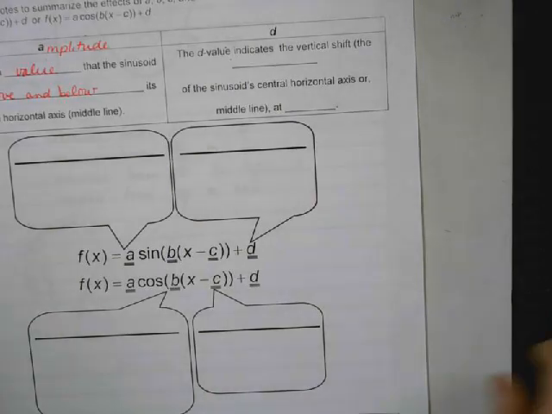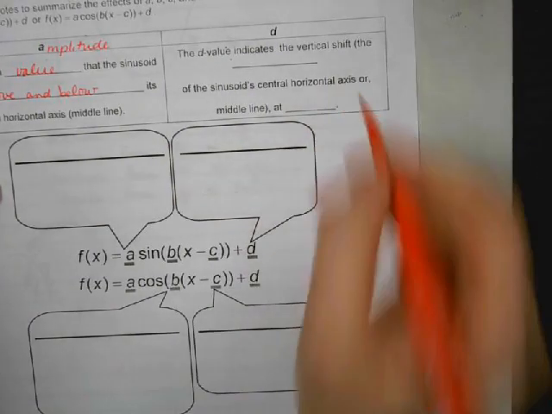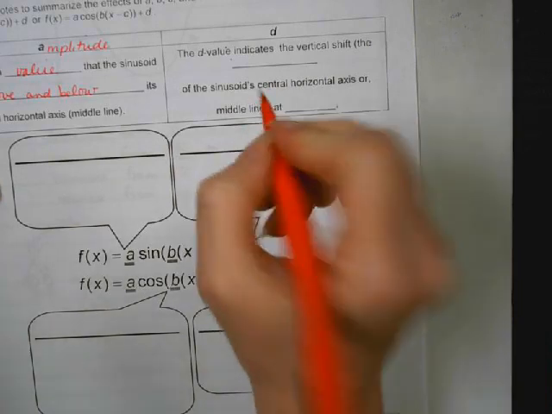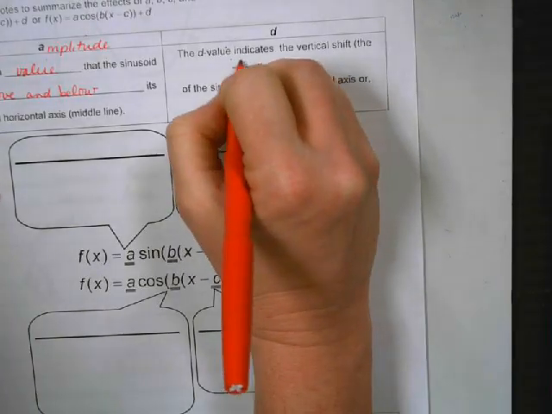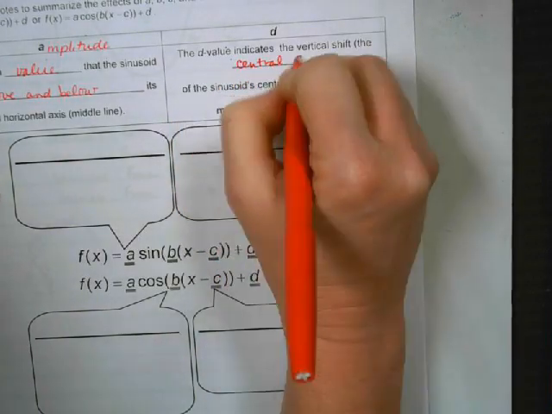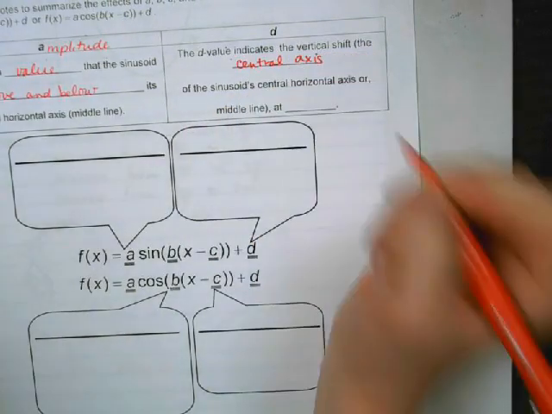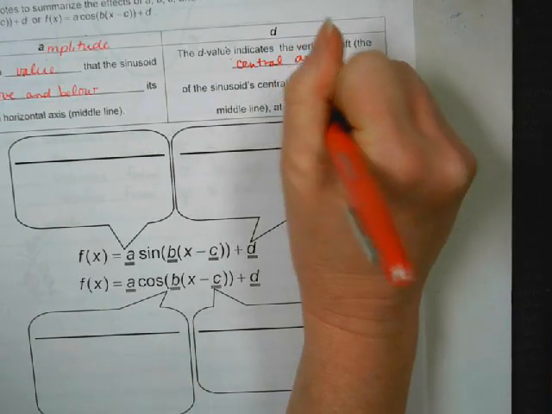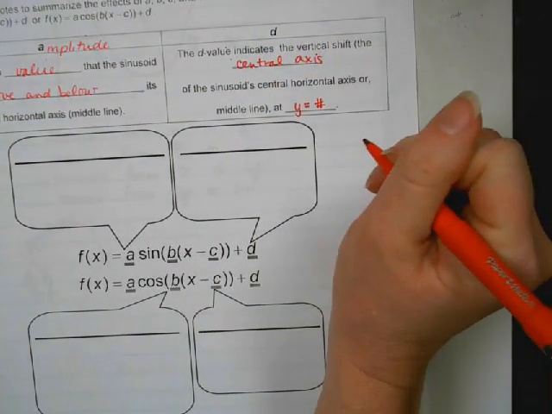It still shifts the function up and down. The d value indicates the vertical shift. It's also the central axis of the sinusoid's function, so it'll be at y equals d.